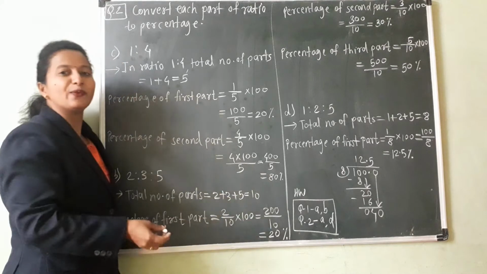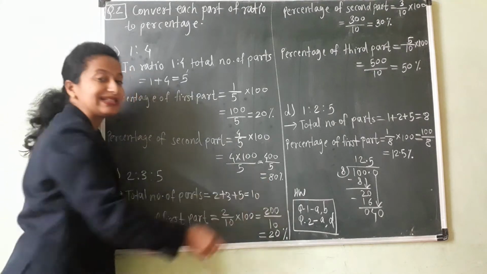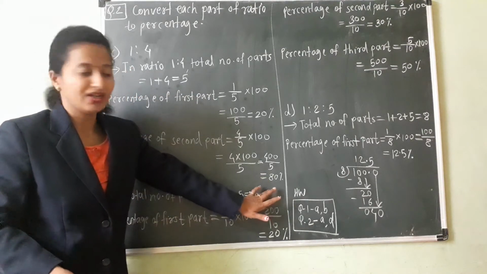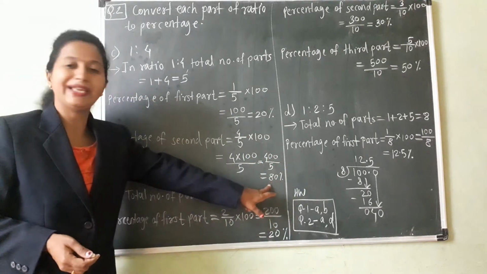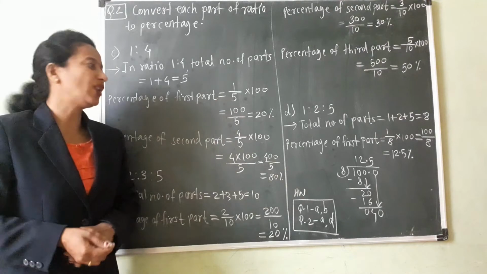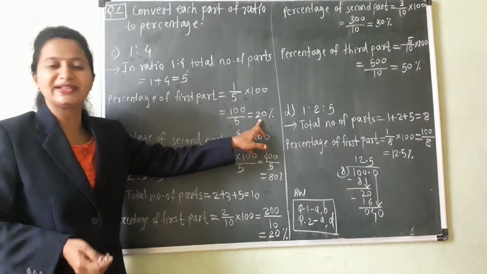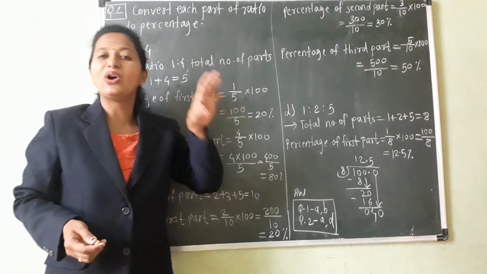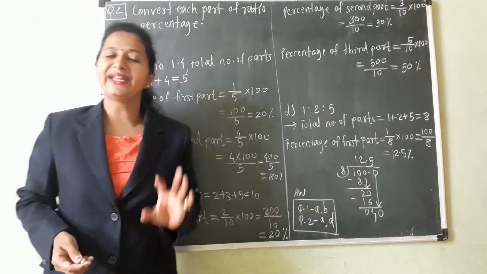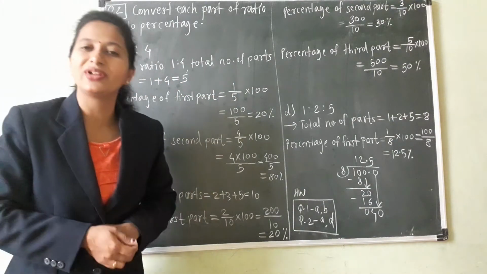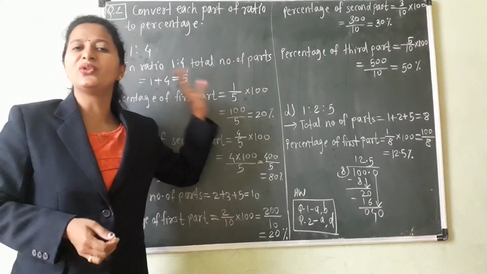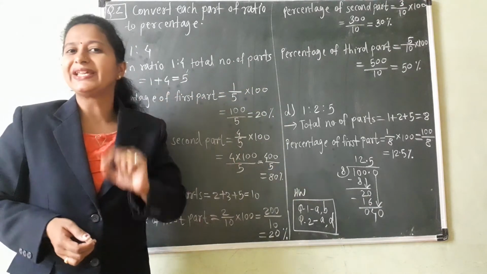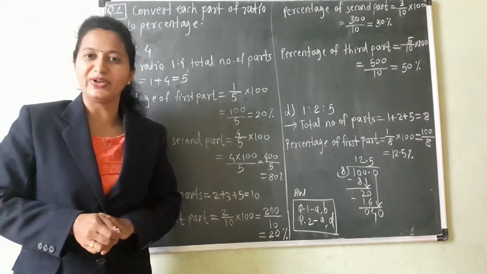When you divide 400 by 5, you get 80%. Understood? So the percentage of the second part is 80% and of the first part is 20%. When you add all the percentages in the given ratio, you get the total as 100. In this way, you have to find the percentage of each part in the given ratio.